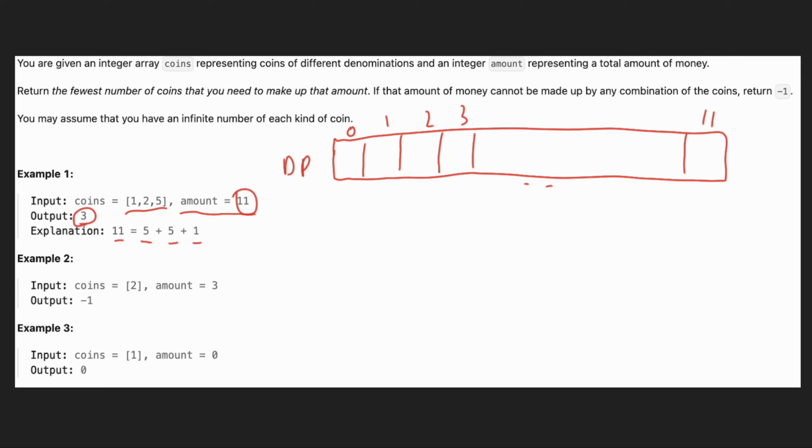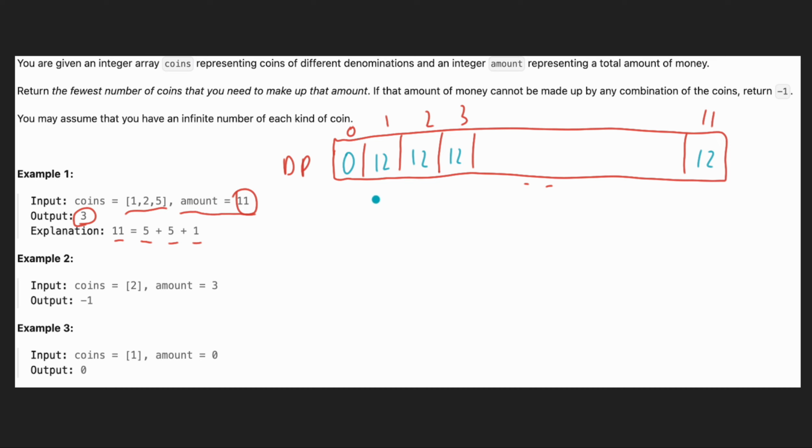First, let's set how many coins we need to make up amount 0. We need 0 coins. For the rest, we can set any max value, but let's set 12, because we cannot have more than 12 coins. The lowest denomination is 1. So we have 12, and we are going to replace that later.